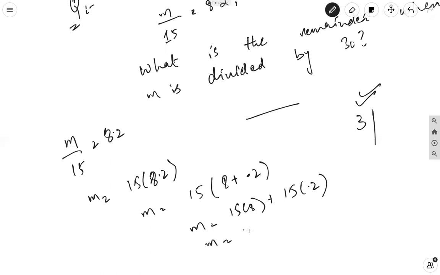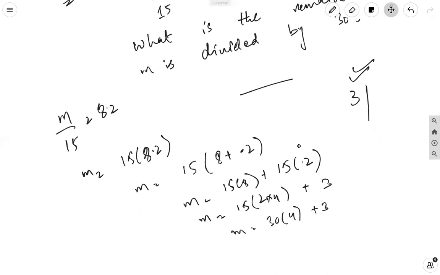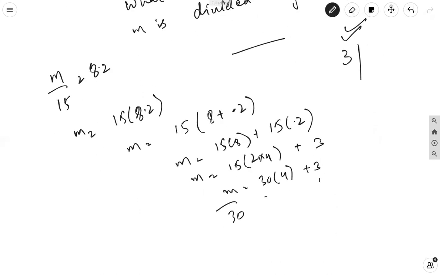So 8 can be written as 2 into 4, plus this is 3. So M is equal to 30 into 4 plus 3. Now if you divide this by 30, this is a multiple of 30, so the remainder is 0. We are left with 3 by 30, and this is less than 30, that's why the remainder is 3.